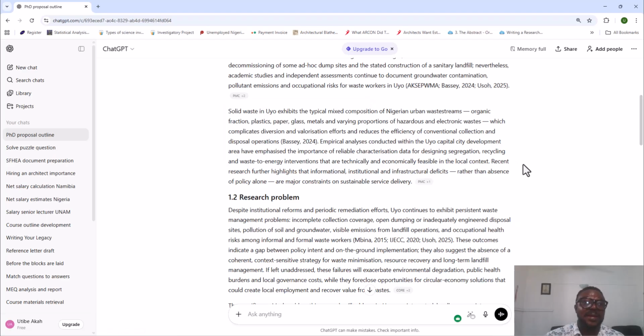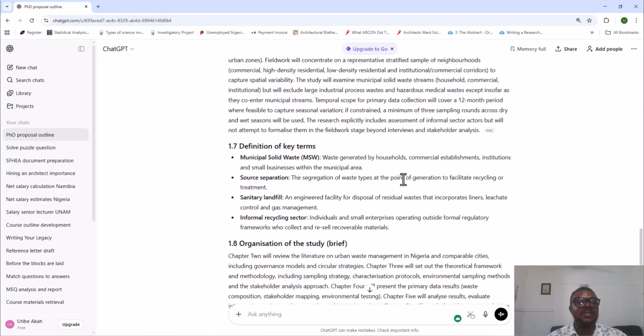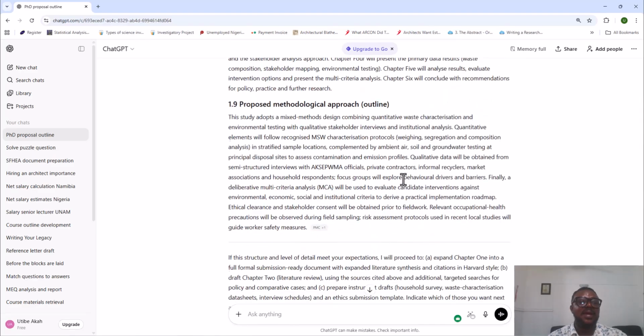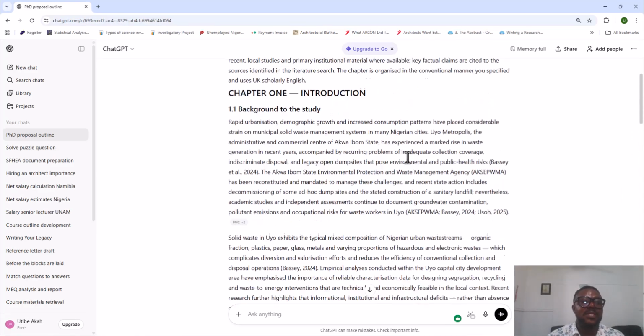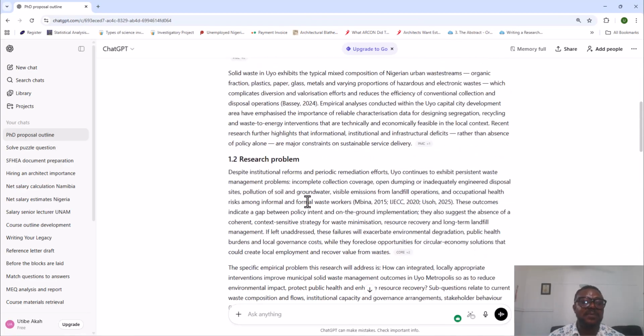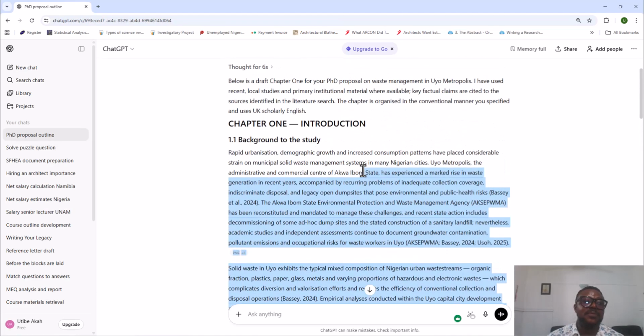So let's go to the business of the day. I told you that at the end of this, you'll be able to generate original content, right? So we have generated up to, okay, it has given us even up to the end where we have methodology. Okay, fine. So we take one section of this, which is the background to the study, and find out how original this is. But first of all, this is what I'm going to do.